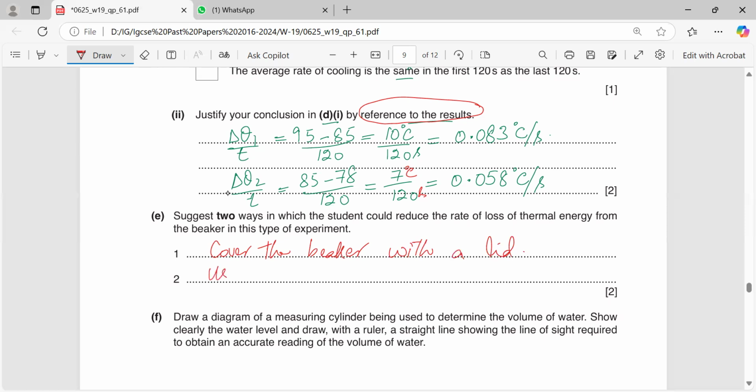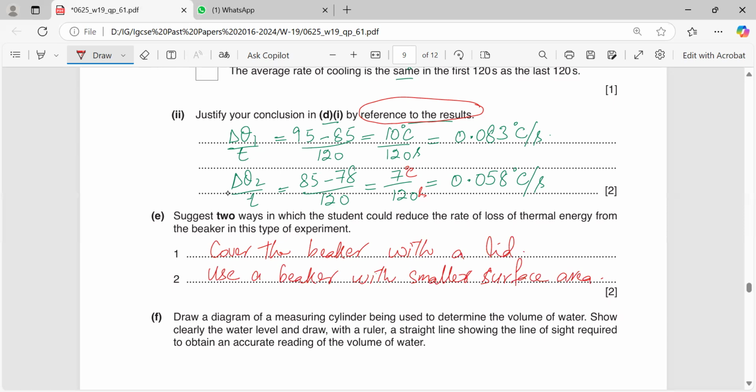Another thing: smaller surface area. Use a beaker with smaller surface area. What will happen? When the surface area is less, the rate of cooling will be less due to evaporation.